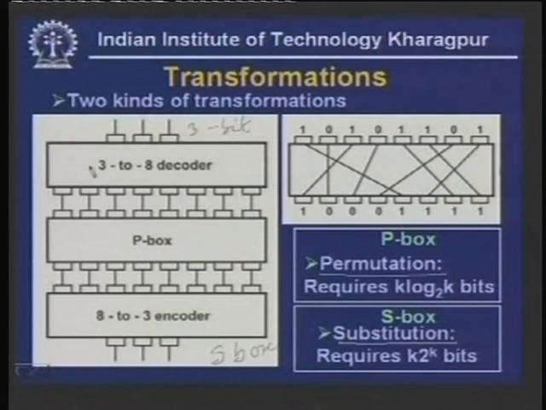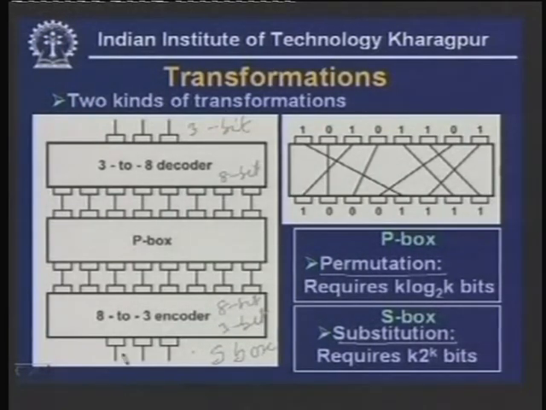That 3-bit input is applied to a 3 to 8 decoder, which has 8 outputs. Then this output is applied to a P box, which does the permutation, and then it is applied to an 8 to 3 encoder, which performs the reverse operation, to get back 3 bits. So, here you have got 8-bit input and 3-bit output.